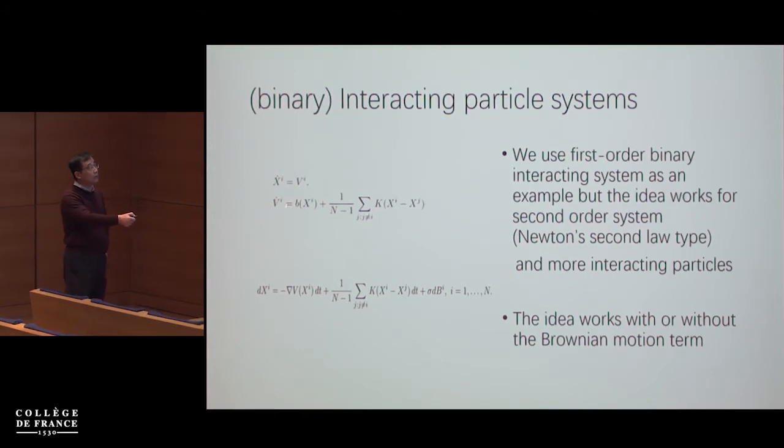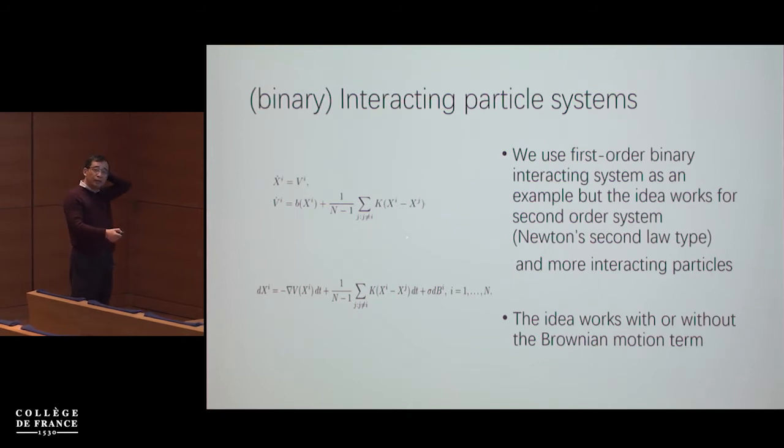The left-hand side is ma, assuming the mass is 1, so this is acceleration. The right-hand side are the forcing terms: you have some external force, and what's important here in my talk is this interacting force. Every particle will interact with all the other particles, so you have the summation over n terms here.